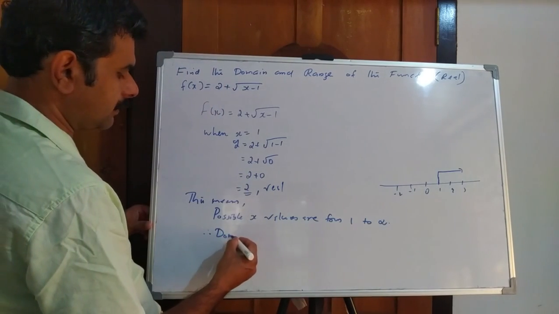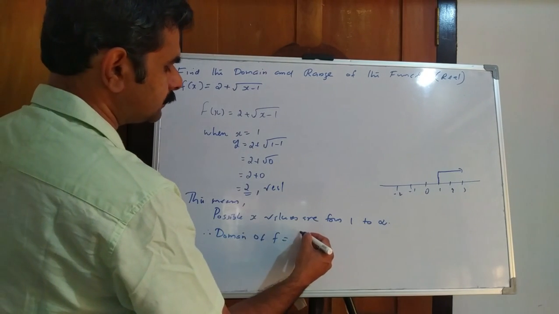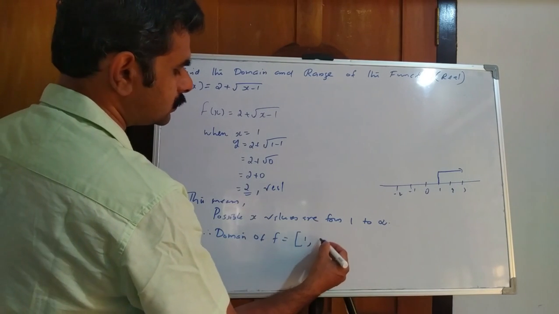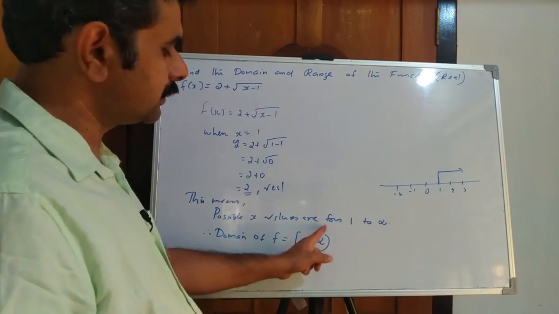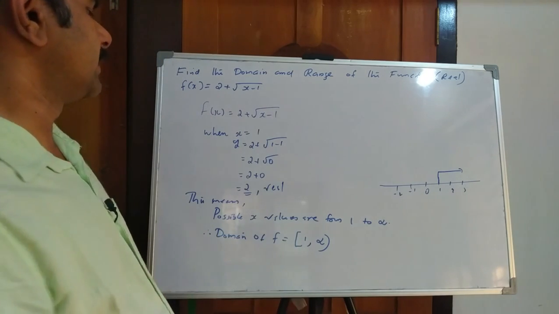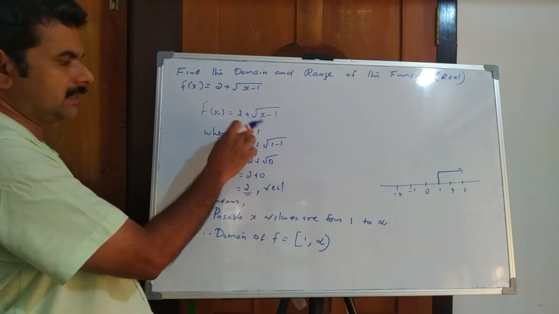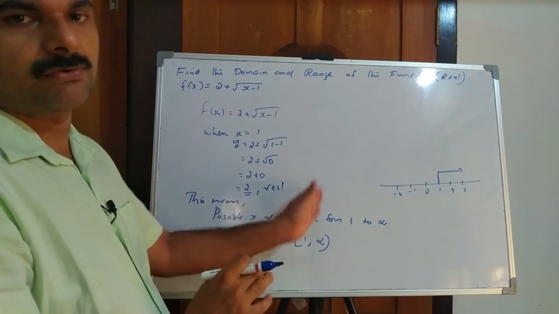Therefore domain of f is equal to from 1 to infinity. Okay, infinity is unknown, therefore this type of bracket is always used. 1 to infinity. So we can substitute x values 1, 2, 3, 4, 5, etc.